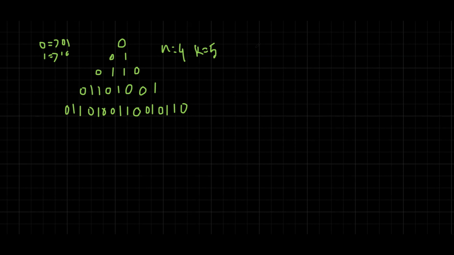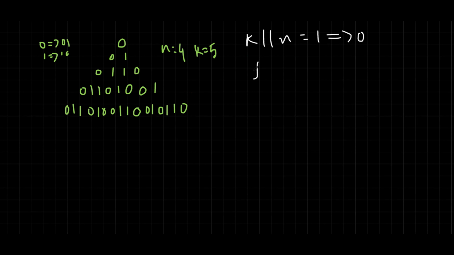So here, if the value of k or the value of n is equal to 1, then we have to return 0, which is this element 0.